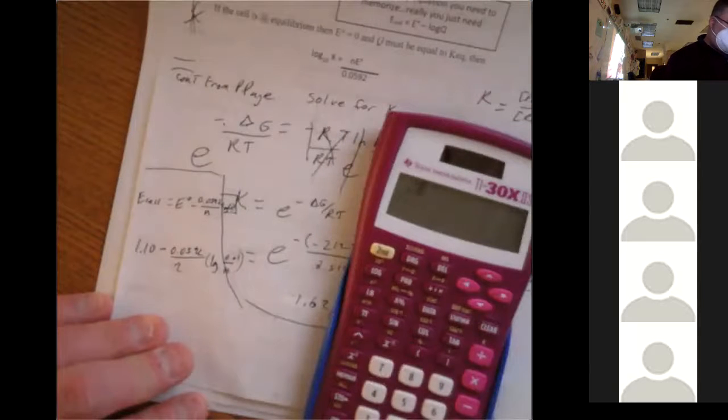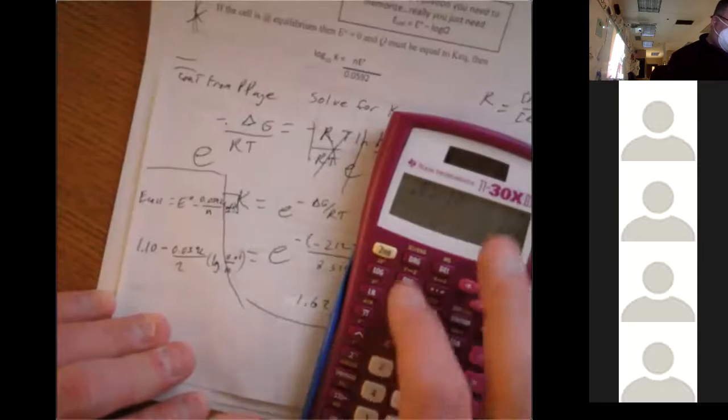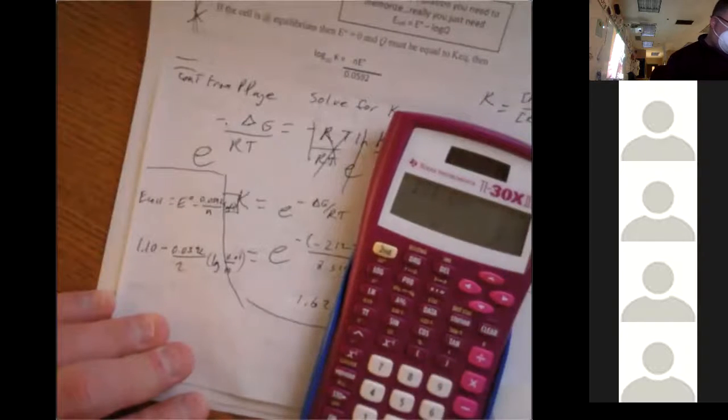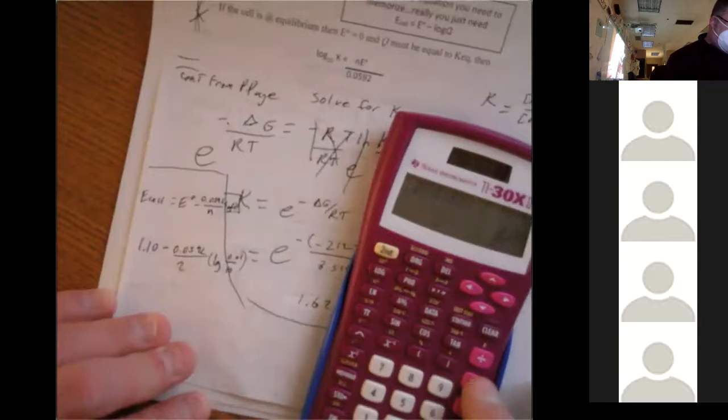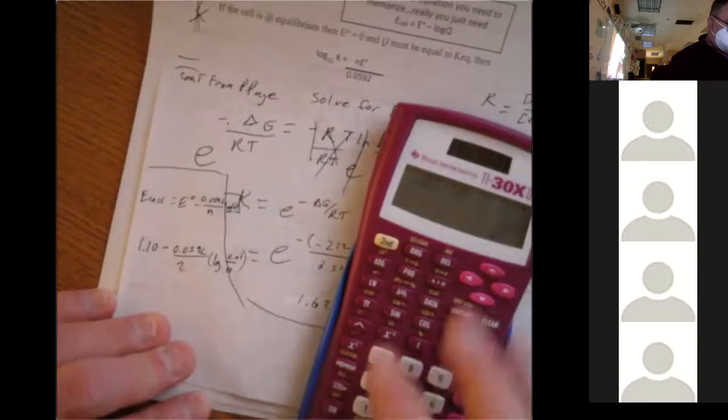Let's put in 0.01 divided by 10, log, answer. Times, and let me do that again. Log, answer.